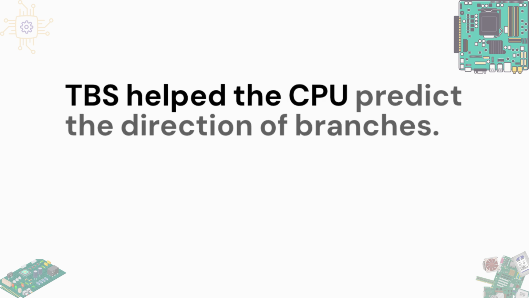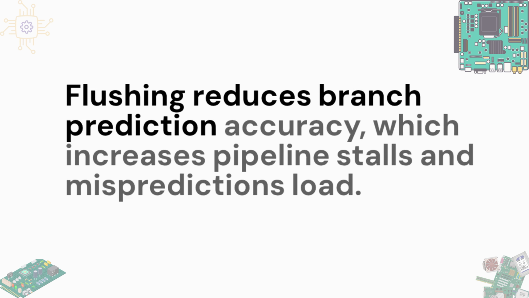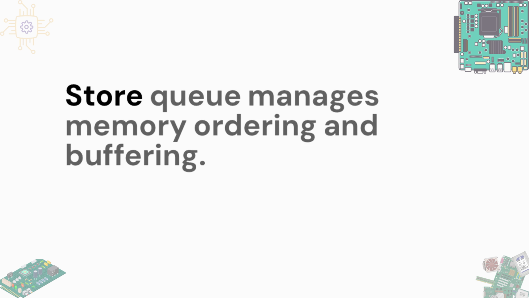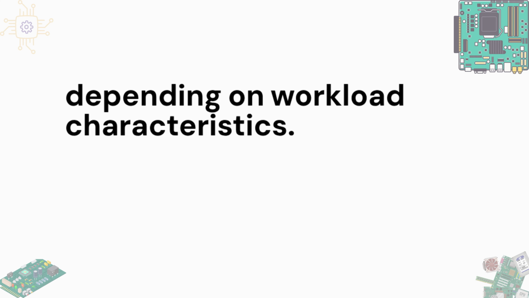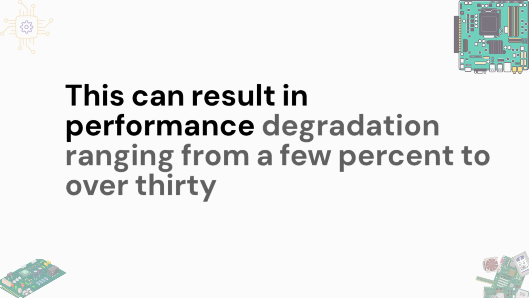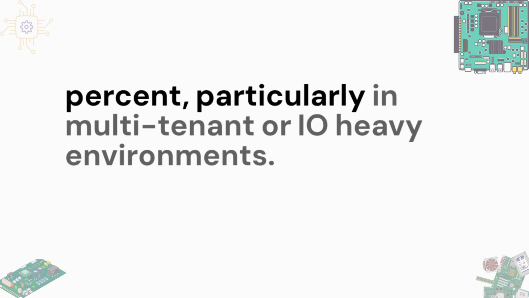BTBs help the CPU predict the direction of branches. Flushing reduces branch prediction accuracy, which increases pipeline stalls and mispredictions. The load store queue manages memory ordering and buffering. Flushing them introduces extra stalls and can disrupt speculative pipelines. Depending on workload characteristics, this can result in performance degradation ranging from a few percent to over 30%, particularly in multi-tenant or IO-heavy environments.